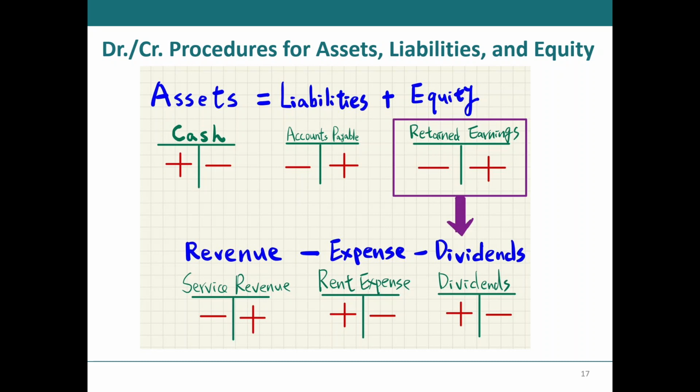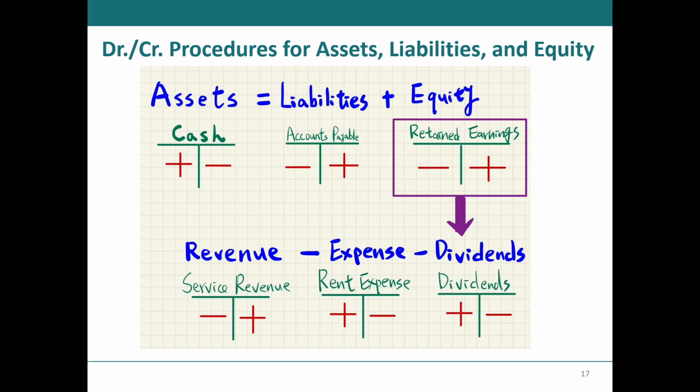Hank. No. Revenue normal balance on debit or credit? On credit. Why is that? Increase on credit side. Okay. How about expenses? Normal balance should be on debit. Dividends, normal balance should be on debit.